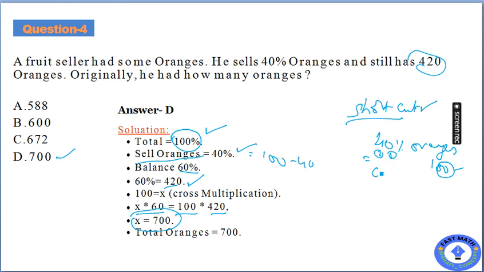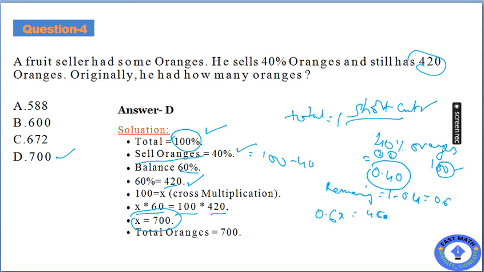You keep the decimal point after 2 digits, so it becomes 0.4. You consider the total as 1. The remaining is nothing but 1 minus 0.4, that is 0.6. The 0.6 is equivalent to 420.